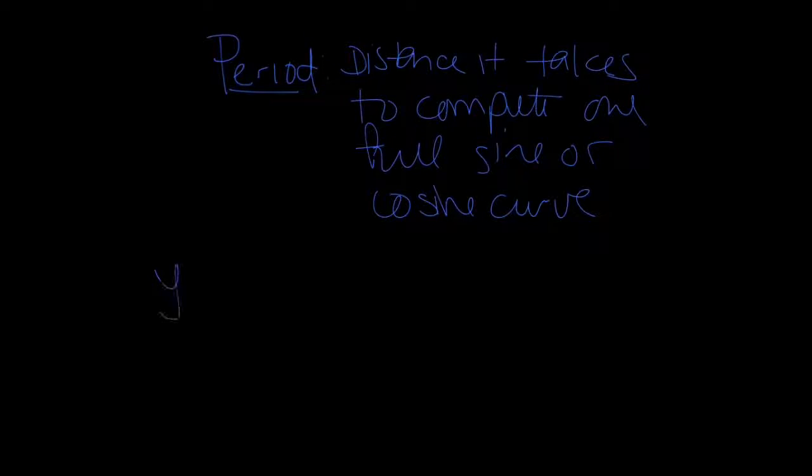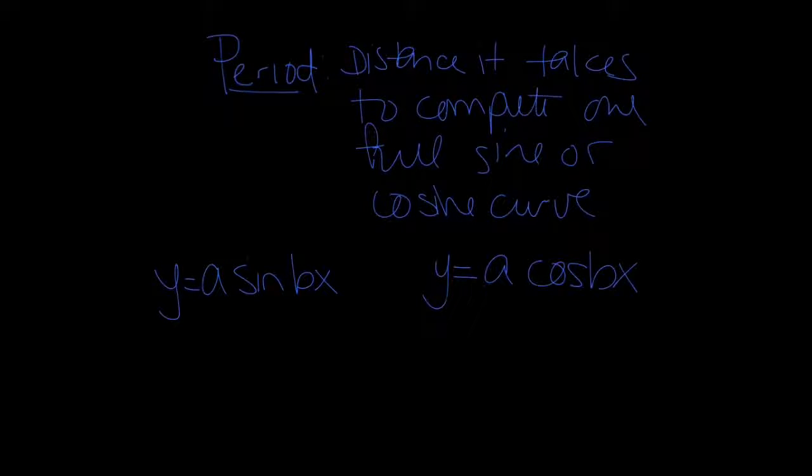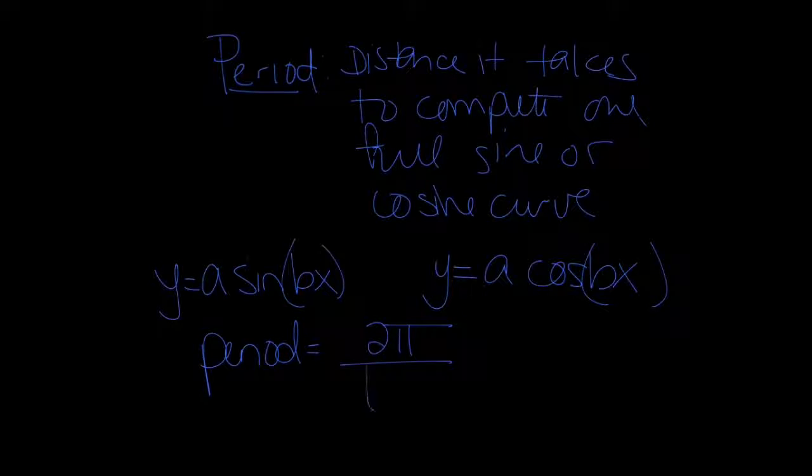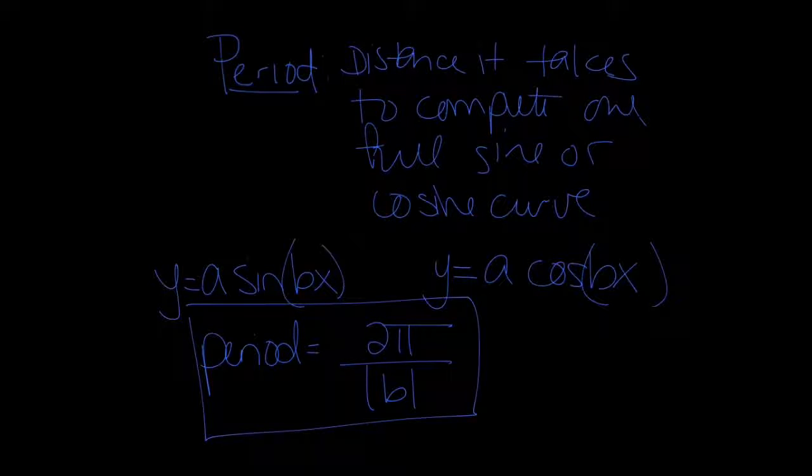Now using your formulas, y equals a sine bx and y equals a cos bx, the way that you find period is you take 2 pi and you divide it by the absolute value of b. That is your formula for period. Basically, you're seeing how many full curves you are fitting in 360, and then you're dividing that by 360 to see how long it takes to make one full curve.